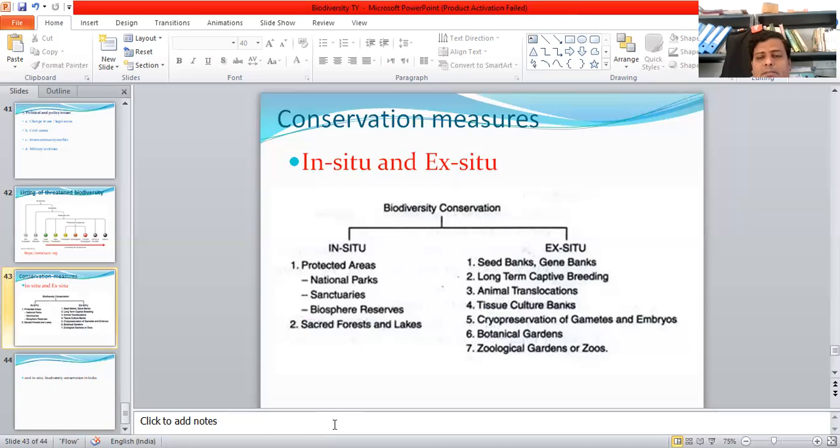Ex situ techniques applicable to animal populations also include storage of embryos, ovules, DNA, etc. There are many genetic banks and livestock parks which use these ex situ techniques. They also use captive breeding for ex situ conservation.